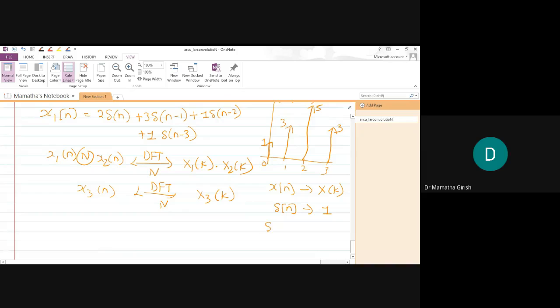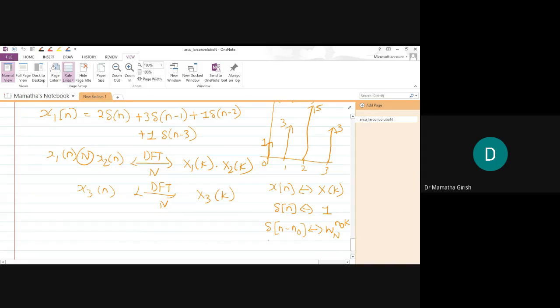And if the same impulse is shifted by an interval of n naught, its corresponding DFT is W sub N to the power n naught into k. So a time-shifted impulse has a DFT represented in terms of the twiddle factor as W N raised to the power n naught multiplied by k.